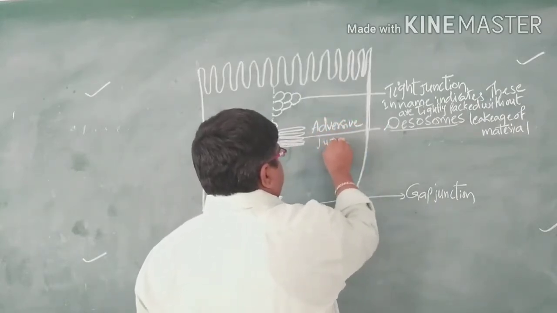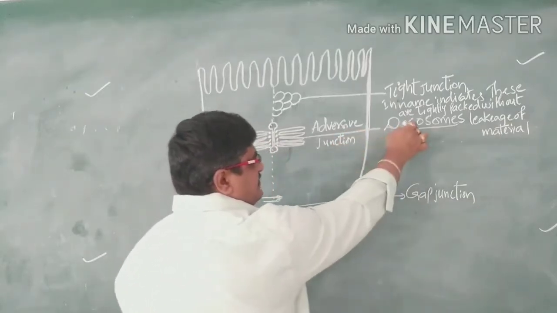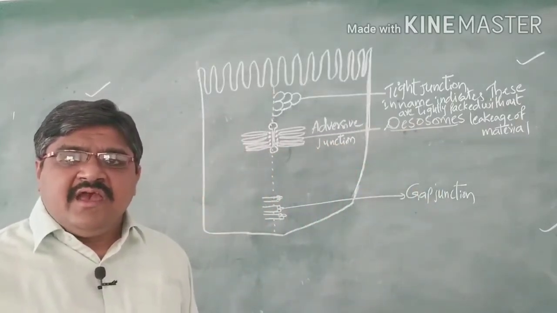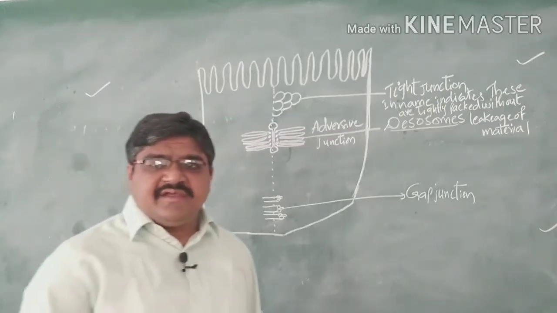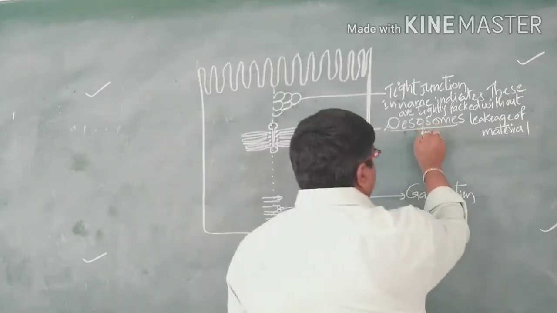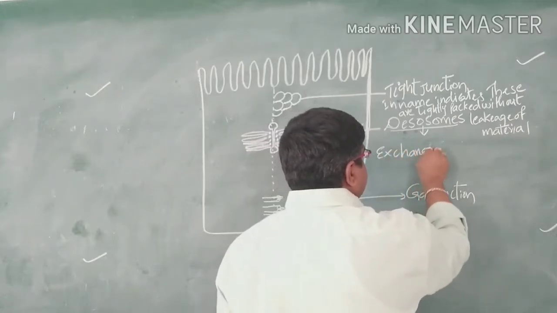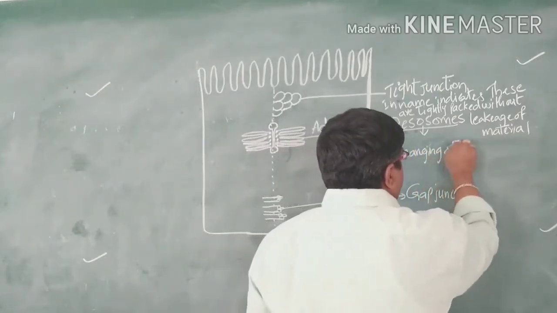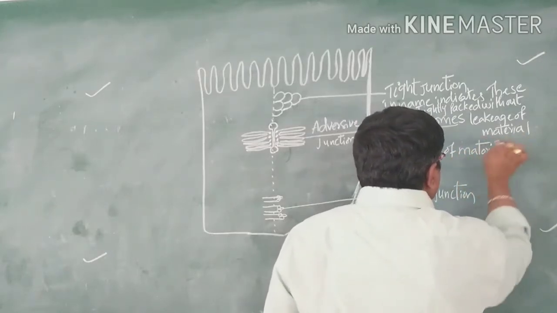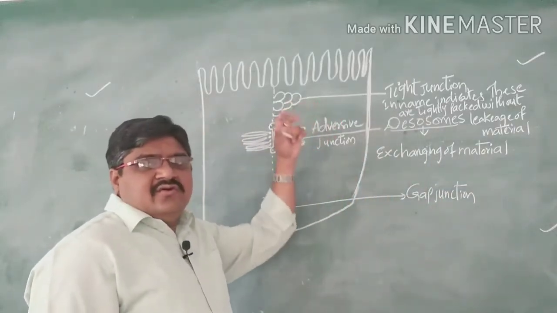In these adhesive junctions there is a space, and desmosomes are present. The cells are loosely packed with one another, and the exchange of materials takes place through the desmosomes. So they are called adhesive junctions.